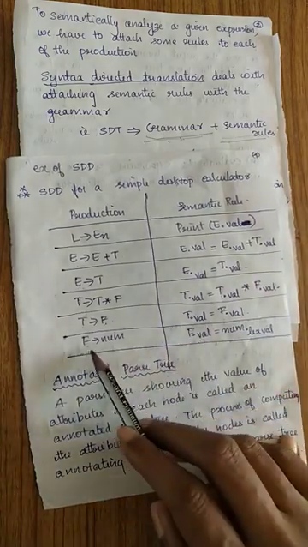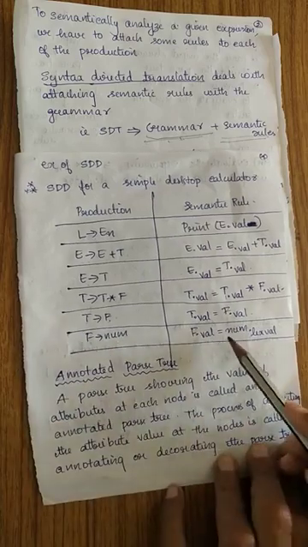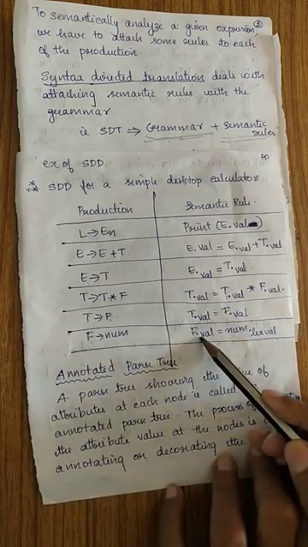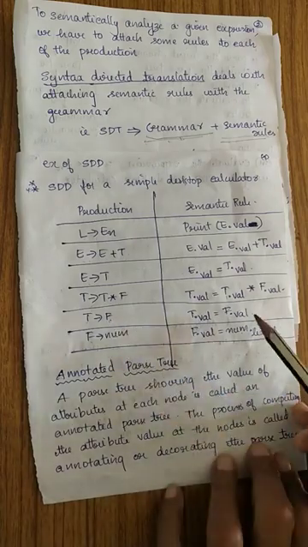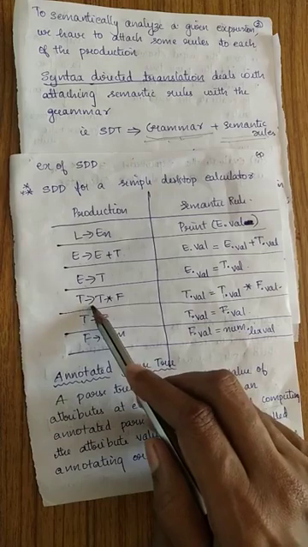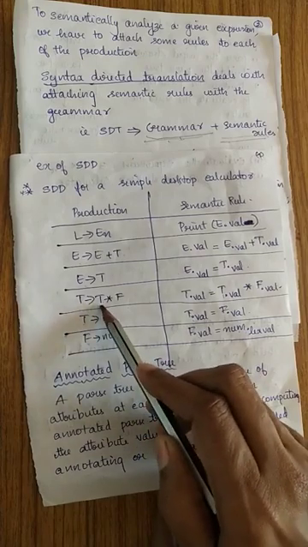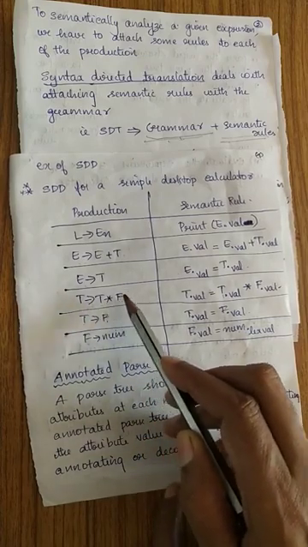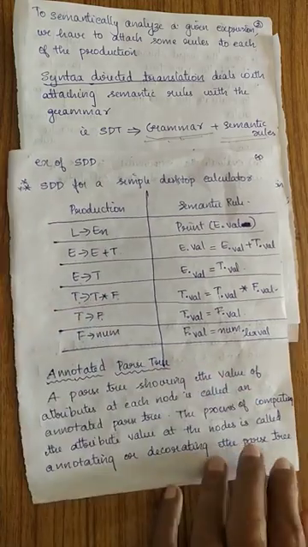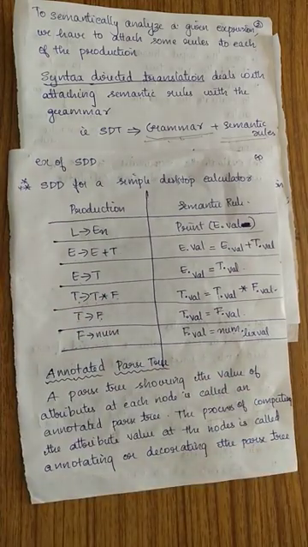With the production F derives number, a number value will be assigned to this F variable, and a value will be assigned to this T variable. In the production for T, whatever value is in T will be multiplied with the value in F, and that value will be assigned to the variable T.